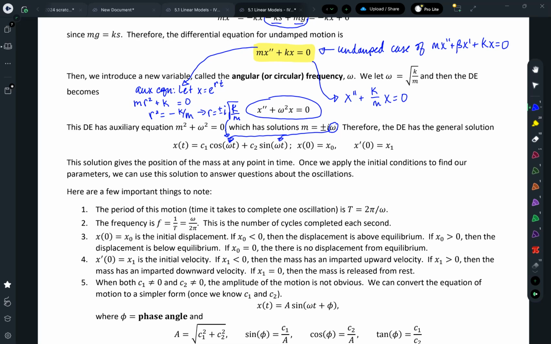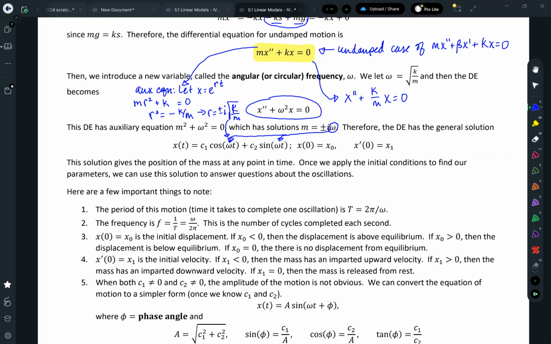So once we set up our differential equation, because this is a differential equations class, you don't just memorize the solution. You will set up a differential equation each time. You will solve it using the methods you've learned, and then you will form your solution, and then you can apply your initial conditions. So our solutions in the undamped case will always be x of t is c1 cosine of omega t plus c2 sine of omega t, with x of 0 equal to some x naught.